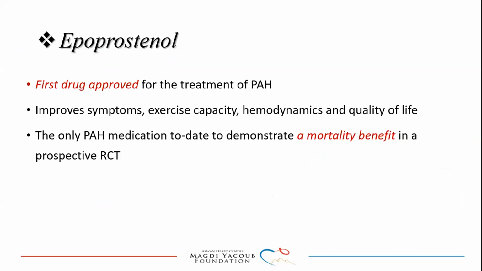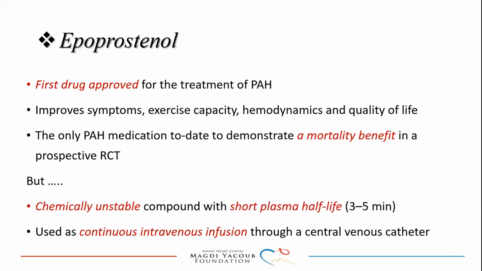But despite these favorable outcomes, it's not an ideal treatment because it is chemically unstable with a very short plasma half-life, and it can be administered only as a continuous intravenous infusion. So there is a risk of serious side effects like sepsis, catheter thrombosis, or, due to its very short half-life, abrupt interruption of the infusion leading to significant hemodynamic deterioration.